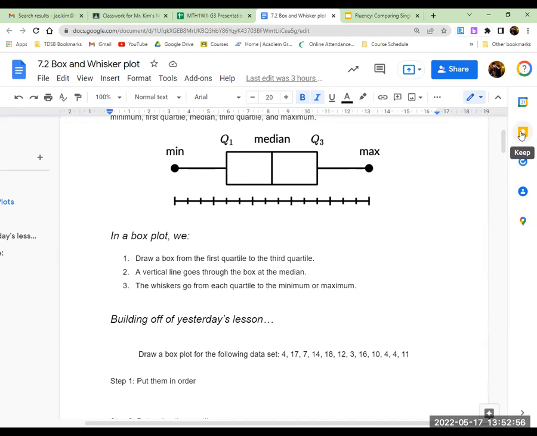Well, we already talked about min, Q1, Q2, Q3, and Q4 being 25% of your data. Here to here is the lowest 25% of your data. Here to here, Q1 to Q2 is the second lowest 25% of your data.